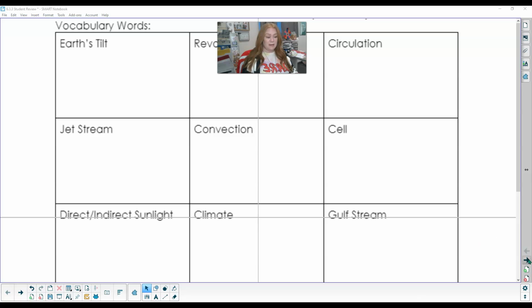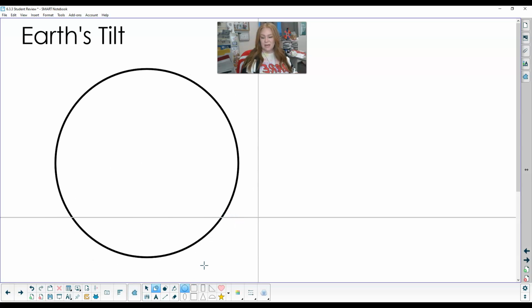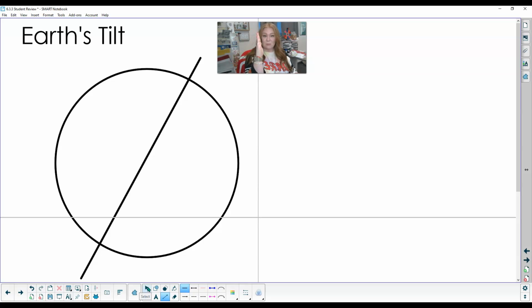Okay, so we're just going to run through these words really quick. So, the Earth's tilt, we could draw ourselves a picture here of the Earth, and then we could show that the Earth is tilted on its axis. The North Pole does not go straight up. It's always going to be tilted, and it's going to stay that same tilt.